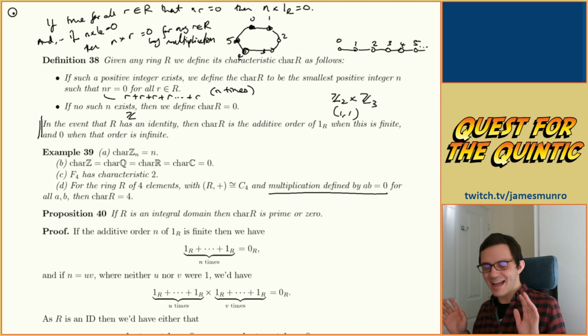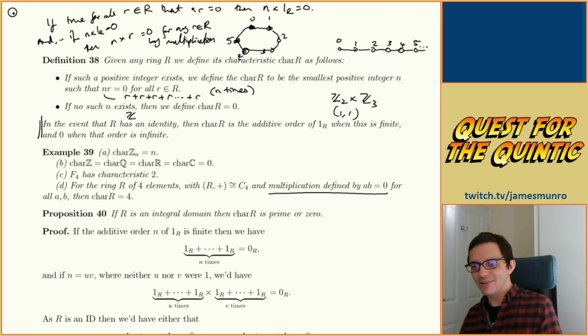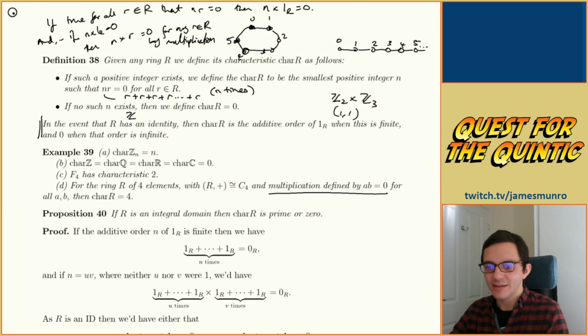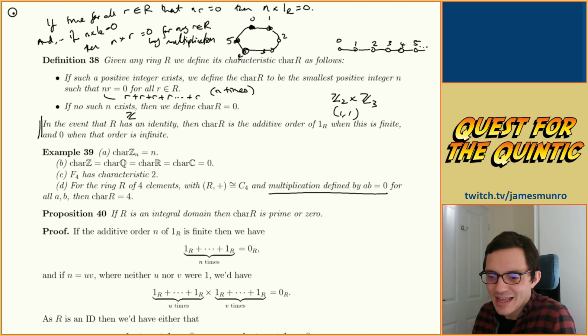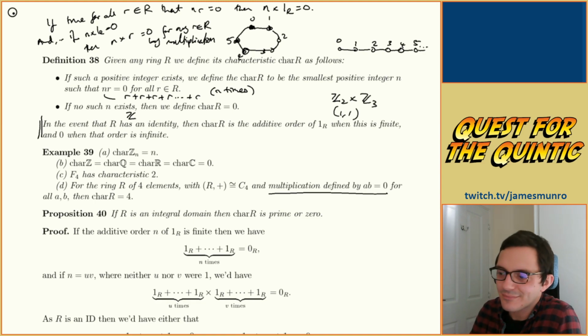This sort of says build a ring. Build a ring by taking any group for your addition and defining multiplication to be absolutely ridiculous, to always give you 0.